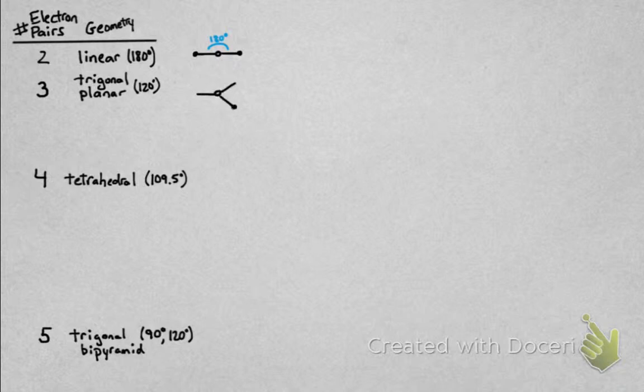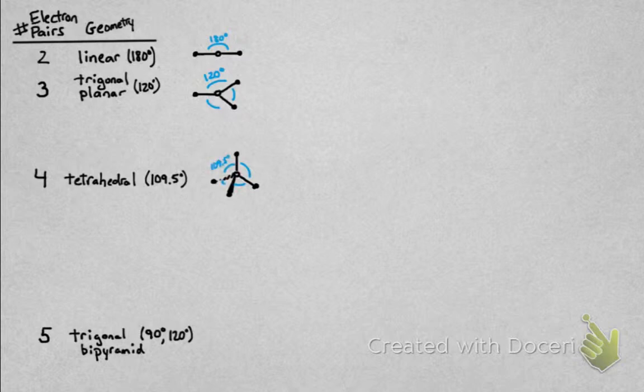For 3 electron pairs around the central atom, they arrange themselves 120 degrees apart, and it was called a trigonal planar geometry. So this is an arrangement where those are all in the plane of the screen, 120 degrees apart. For 4 electron pairs, they arrange themselves 109.5 degrees apart.